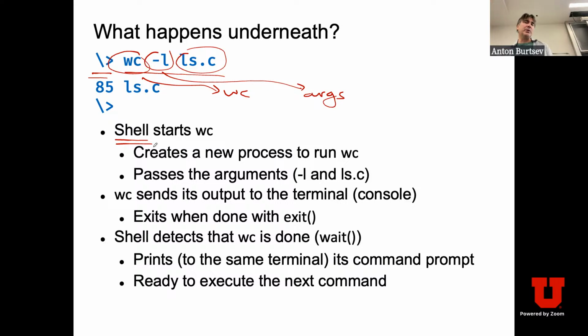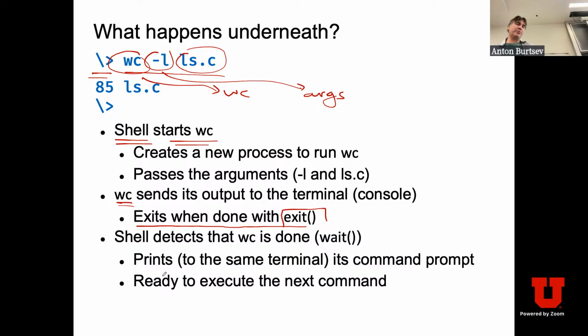What it will do, it will start using this system call, which we came up with, create process. Although on this interface, it will be slightly different, but essentially it will start a new process, which is WC. We'll pass those 2 arguments, -l, ls.c, and we'll wait for the output of WC, right? Essentially, it will wait for WC to finish, like wait for it to exit.